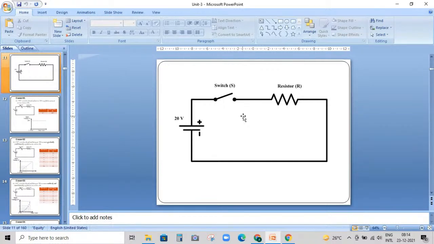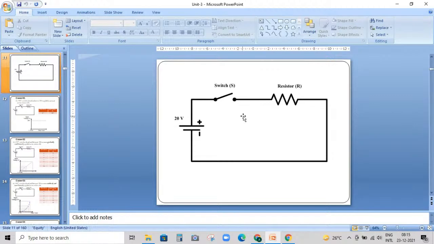Suppose you close the switch and increase the voltage non-linearly, that way of providing input is called parabolic. And suppose you close the switch and the very next moment you open the switch, that way of providing input excitation is called impulse. That is the physical significance and practical example of these input signals.